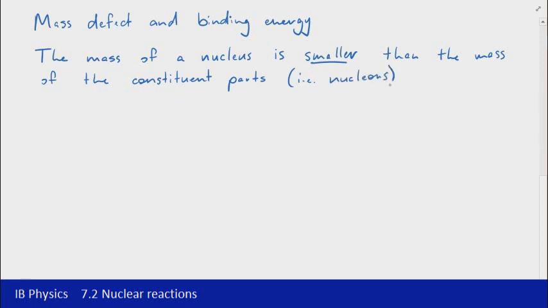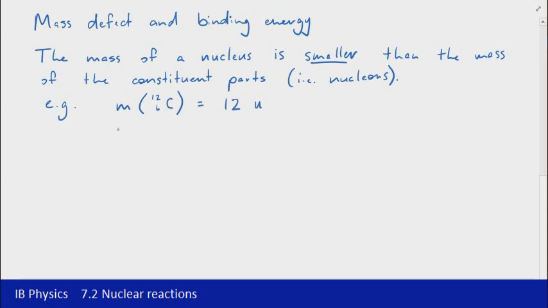So as an example, we'll stick with the carbon-12 that we were talking about. If we look at the mass of a carbon-12 atom, we saw from the definition that that's actually 12 atomic mass units.